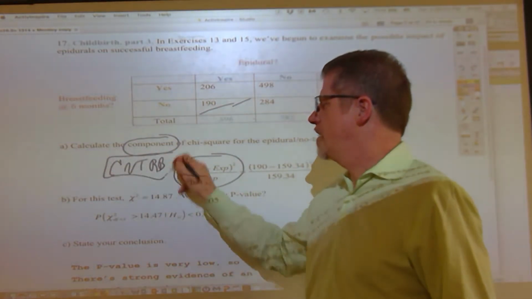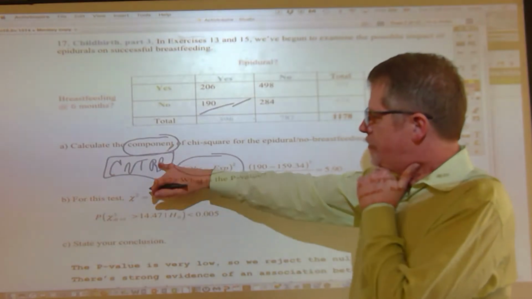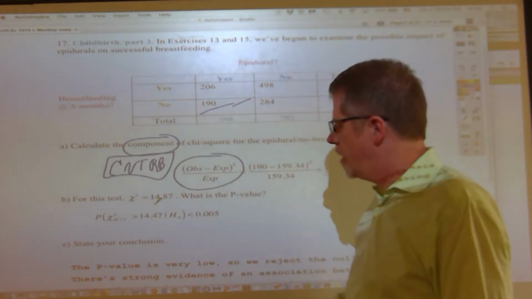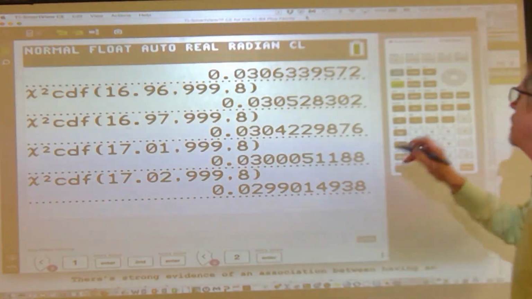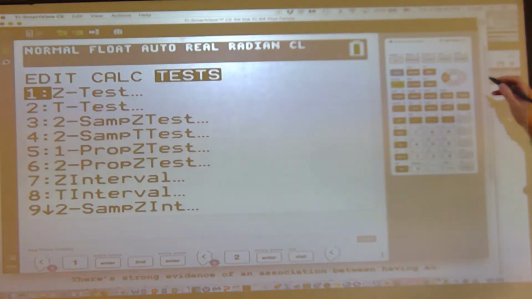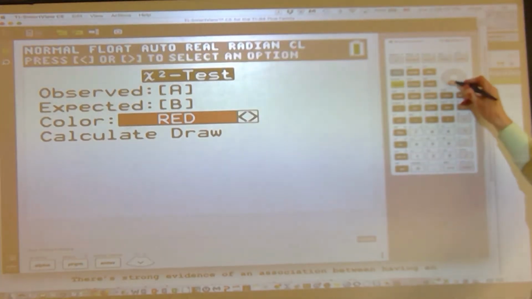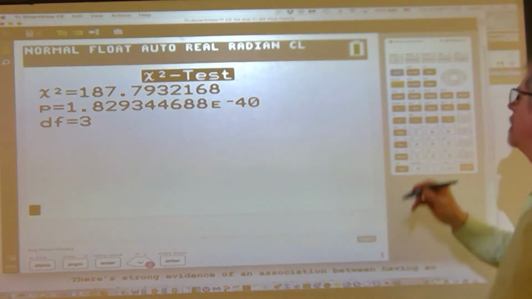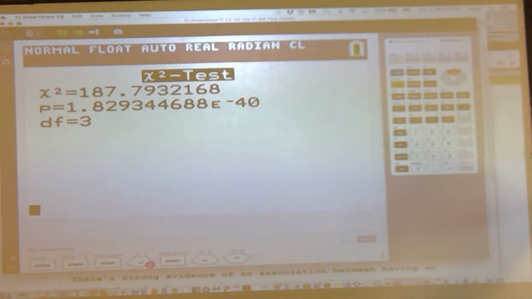CNTRB, I think that's the abbreviation, which seems like each component contributes to the overall test statistic. But isn't that what we saw when we ran stat test C? Let's just double check. Stat test alpha C, when you calculate that... oh, I know where we saw that.